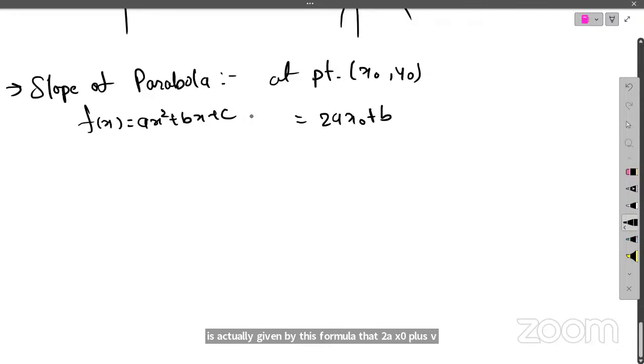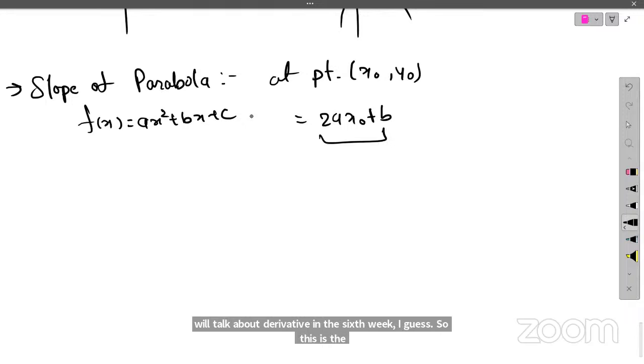This is nothing but the first derivative of the function. We will talk about derivatives in the 6th week, I guess. So this is the quantity which will give us the slope of a parabola at a point x naught comma y naught.